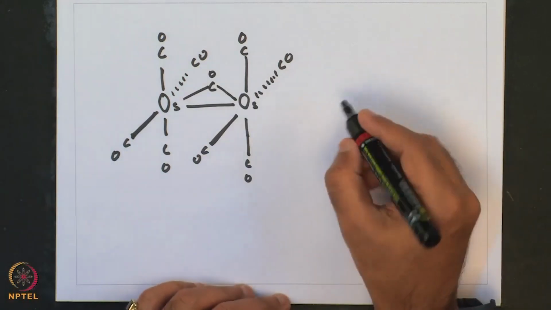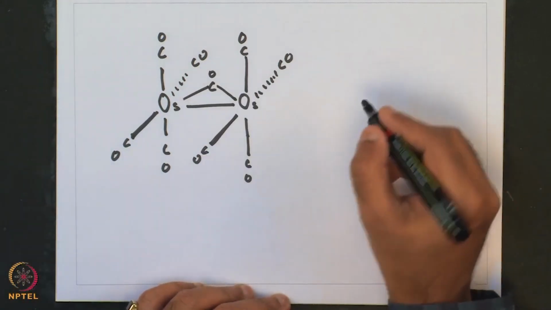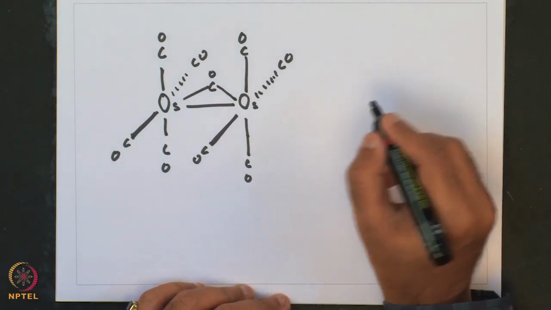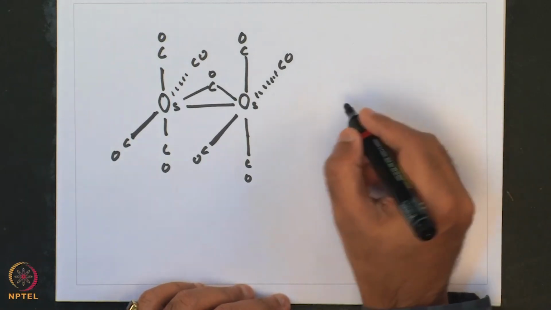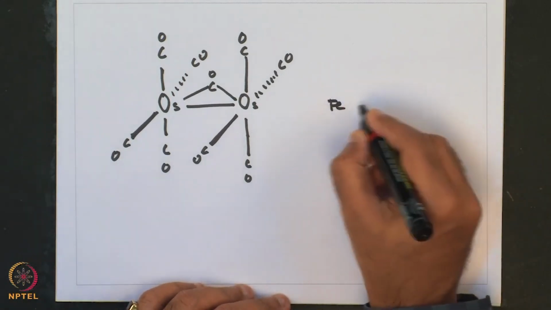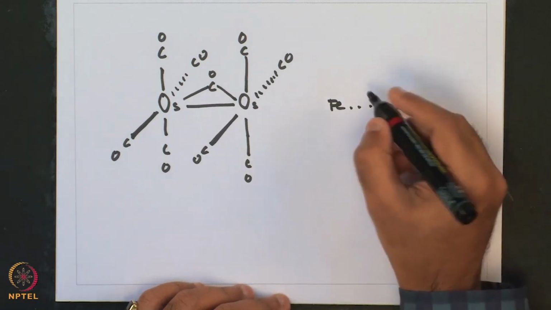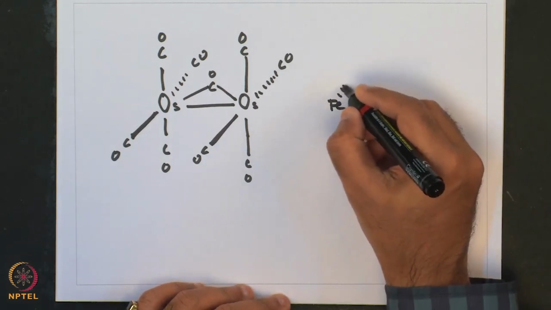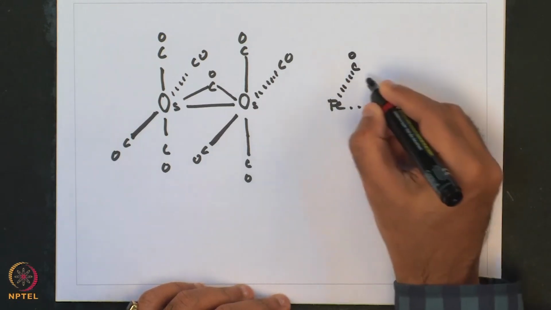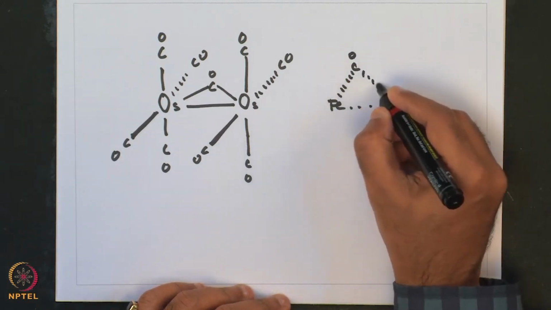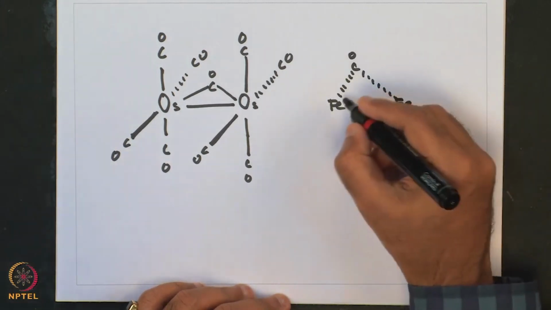Similar is the structure of the iron compound, containing 3 bridging carbonyls.